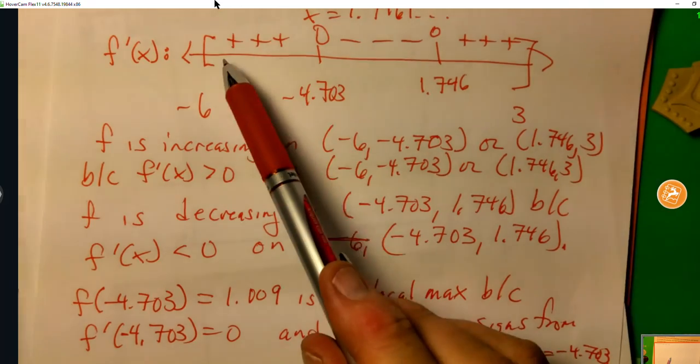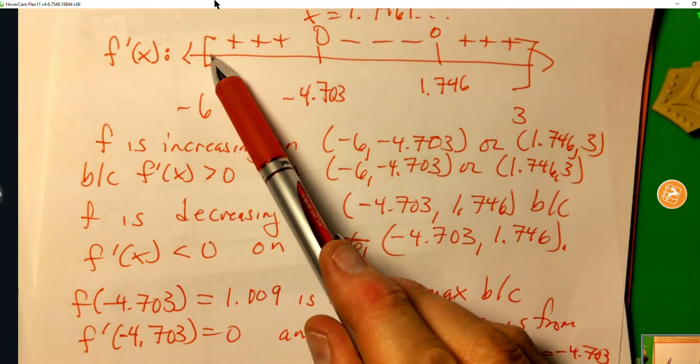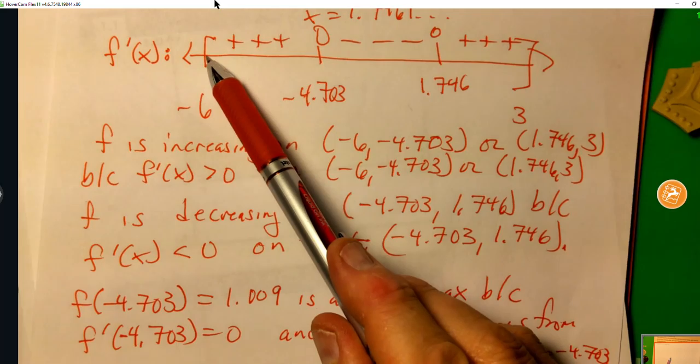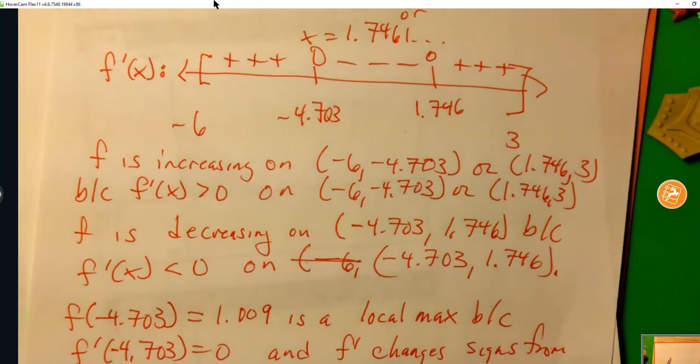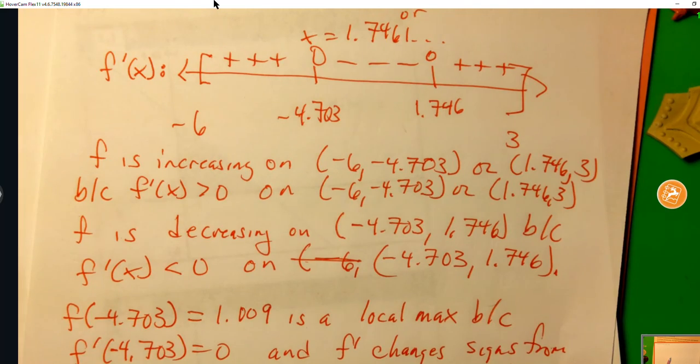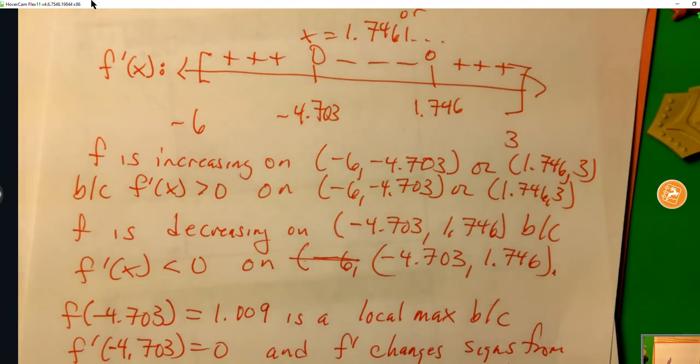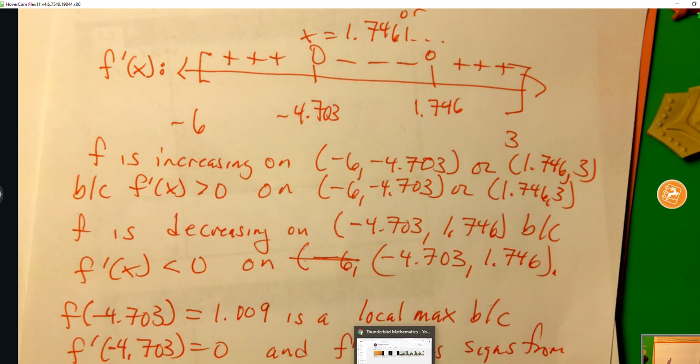Now, this is going to be, at the very least, a local minimum at negative 6. Why? Because the function's strictly increasing here. And you got to think about that. But I only wanted you to look at the relative extrema, so I will let you get away with just that in this case. I hope these two examples were something that you found helpful.